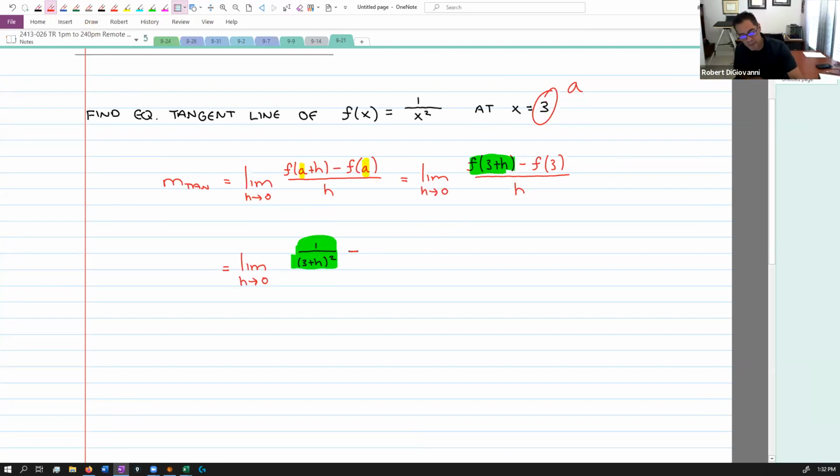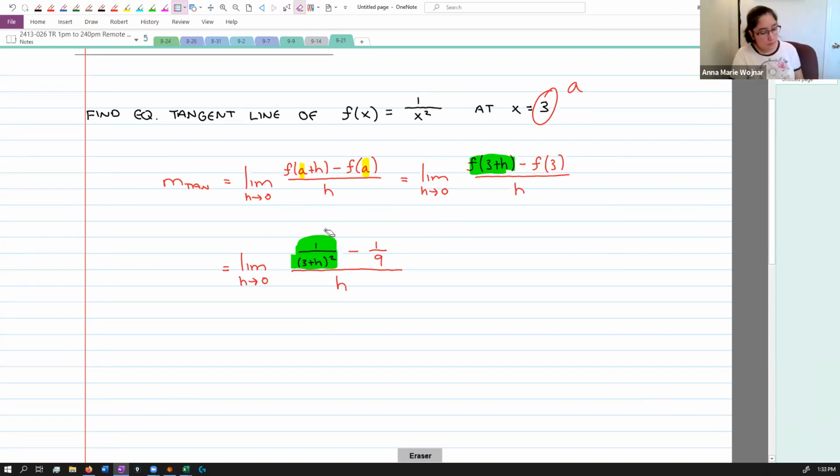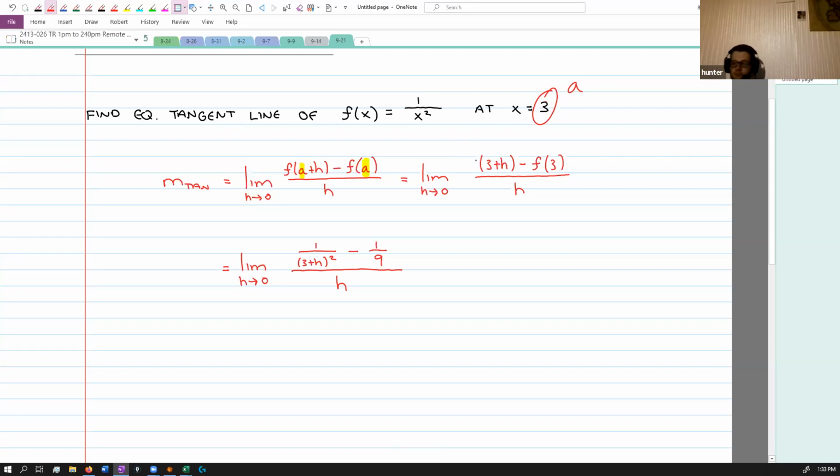I subtract from that f of 3. Now f of 3 we know already, right? You just plug 3 in here, it's 1/9. All of this over what? h, right? Are we clear?